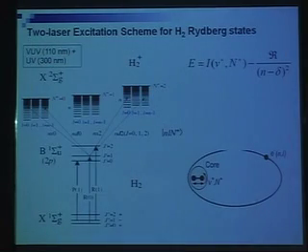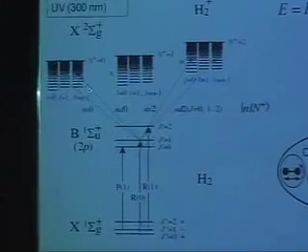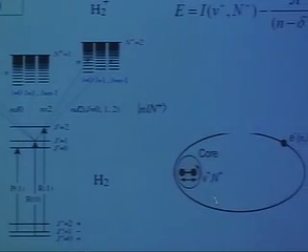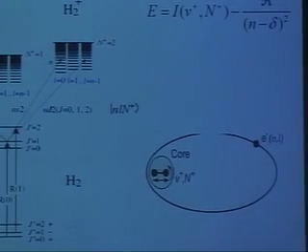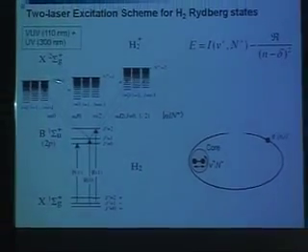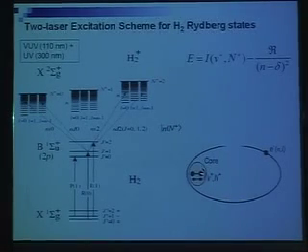Okay, so with H2 Rydberg states, we excite in two steps, one VUV photon to this intermediate level, and then a UV photon to these Rydberg series up here. Because this is a molecule, we have to consider the vibration and rotation of the ion core, and this N+ quantum number, which is quite crucial in the results I'll show you, represents the amount of rotation of this ion core.